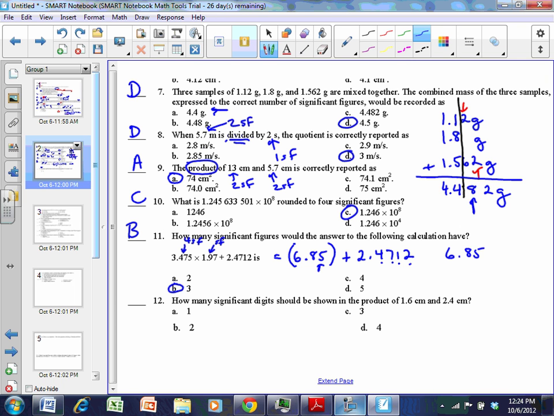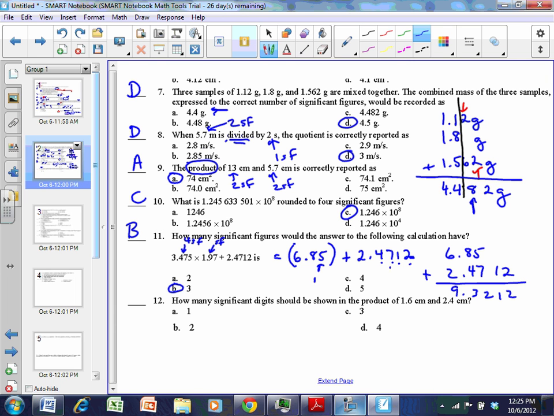The best thing that you can always do is just do the whole problem. If that was 6.85 plus 6.85 something something something, you'd still have to record it to the hundredths place, in which case you'd have more than 3 significant figures. So let's just add it up to be sure. Okay, and the rule is hundredths for addition.